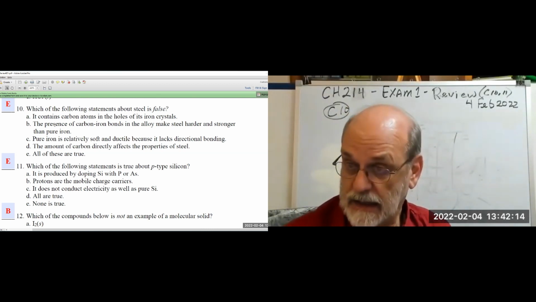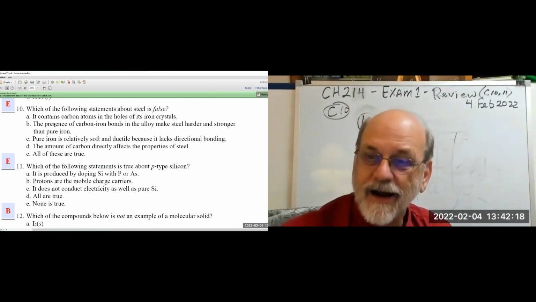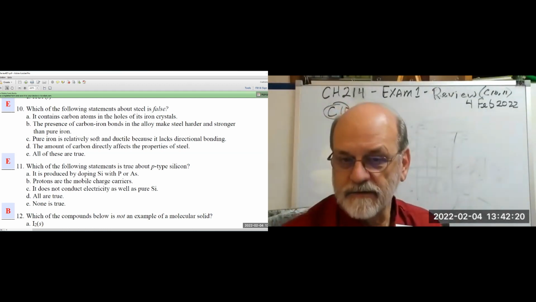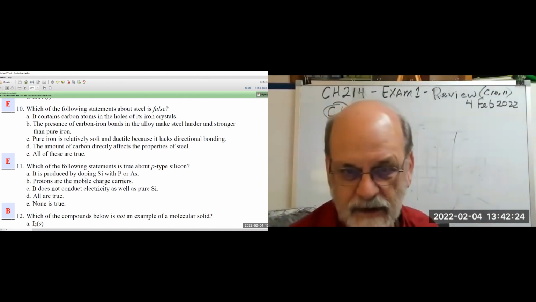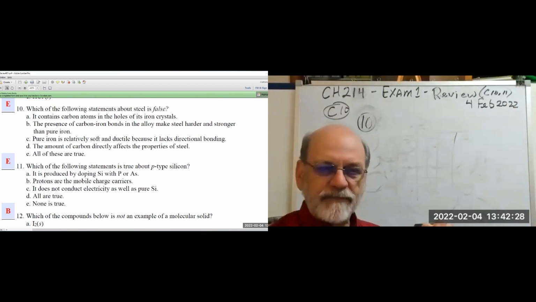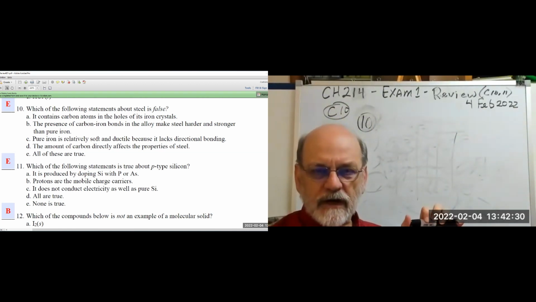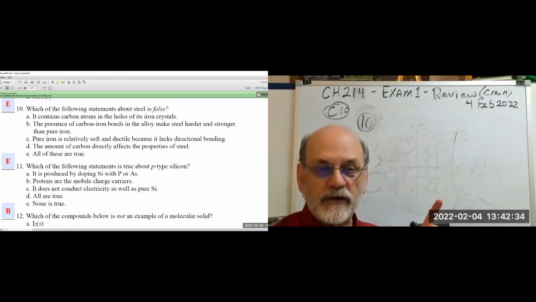Well, it's a homogeneous mixture of iron and some other stuff. It at least has carbon in it. It could have some other things, but it definitely has carbon. Okay, so which of the following statements about steel is false? We're looking for the false one.